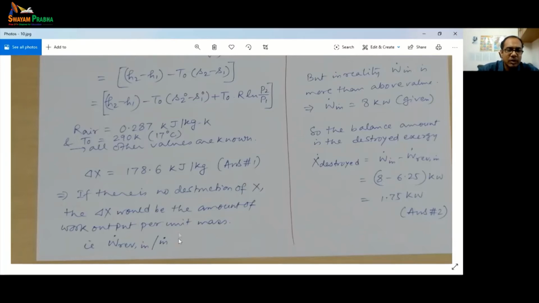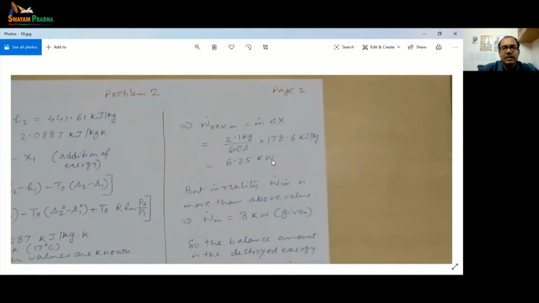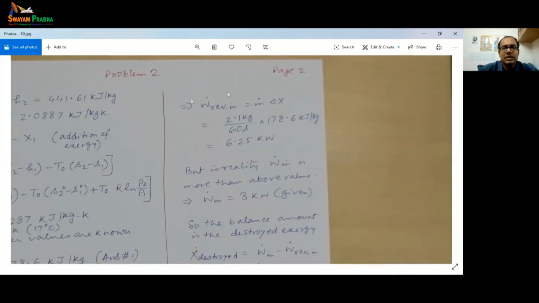So W dot reversible in is equal to m dot into delta X. Whatever exergy change happened in the system will be equal to the reversible work.